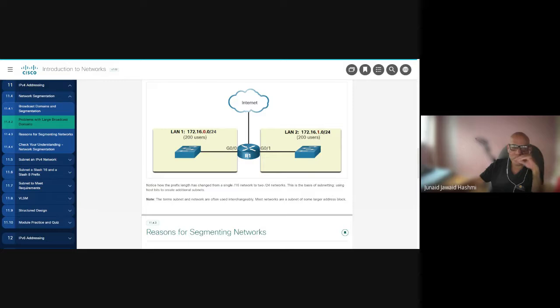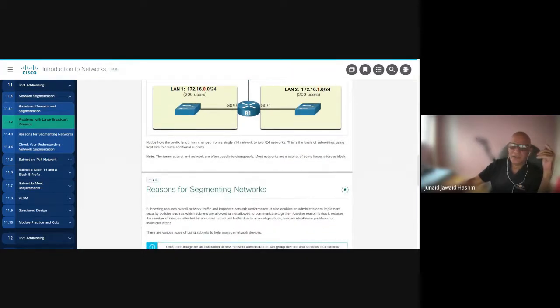Like one of the students works for a law firm downtown, and I just recently talked to him. They have 100 users connected to the internet, and they only have one subnet. They put all 100 users in one subnet.